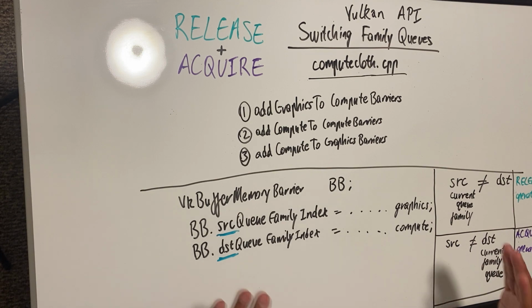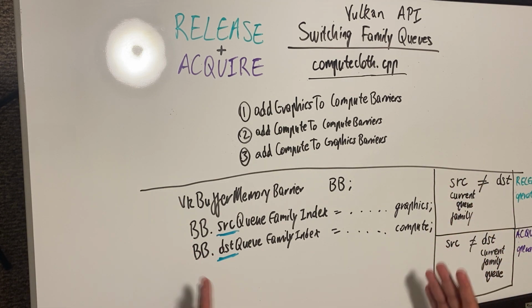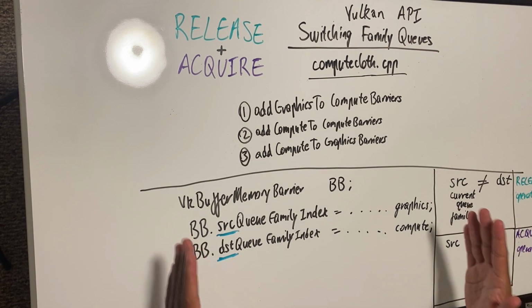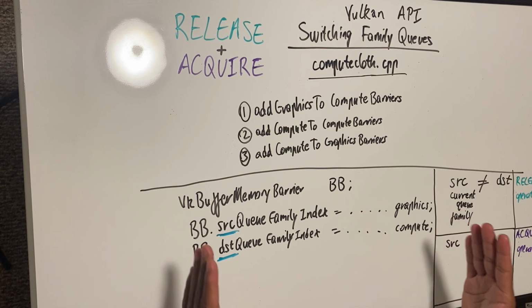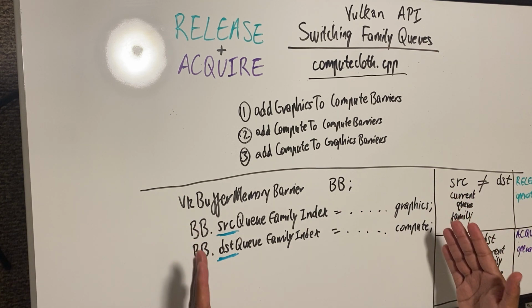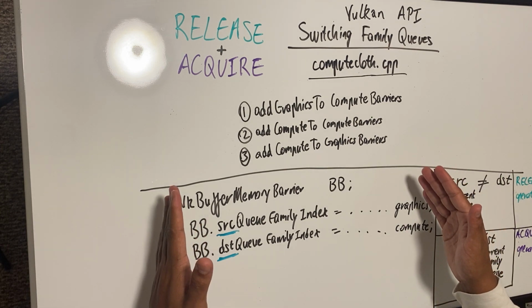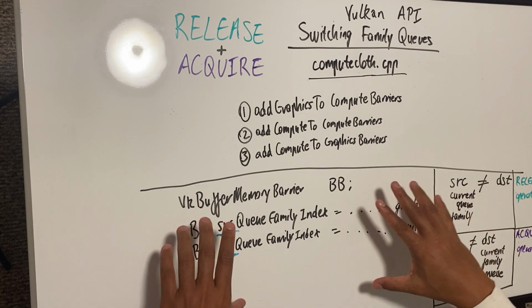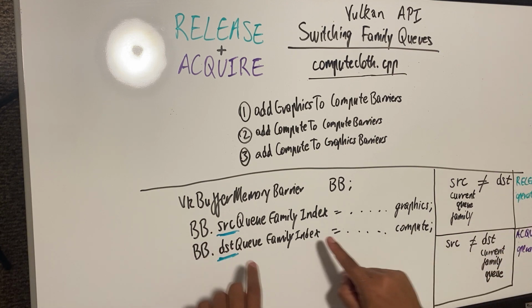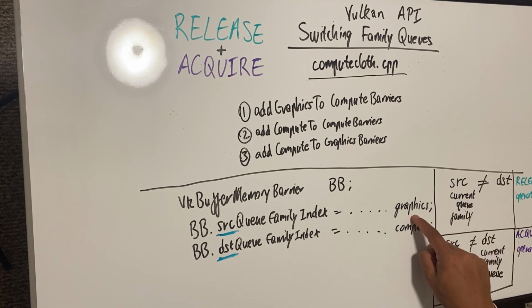It's basically the same thing, but it depends on what state your code is in. Are you already in the graphics queue family or are you already in the compute queue family? If you're in the graphics queue family, this boils down to a release operation because your source matches the current queue family, which is graphics.